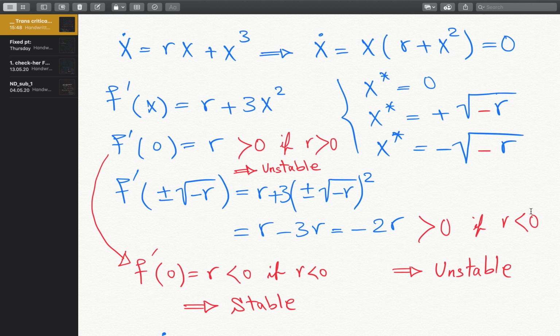And it doesn't make sense to talk about positive r's, because it is under this square root and it is going to be imaginary.